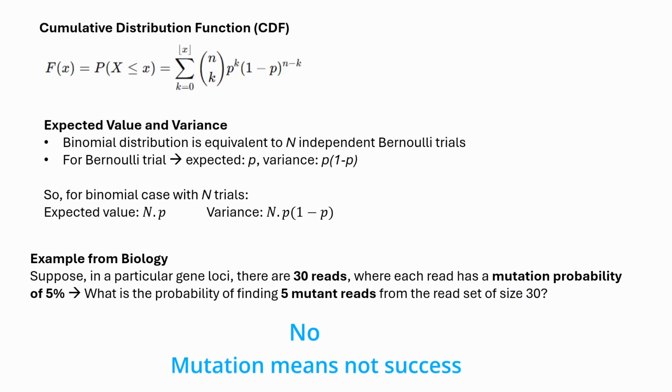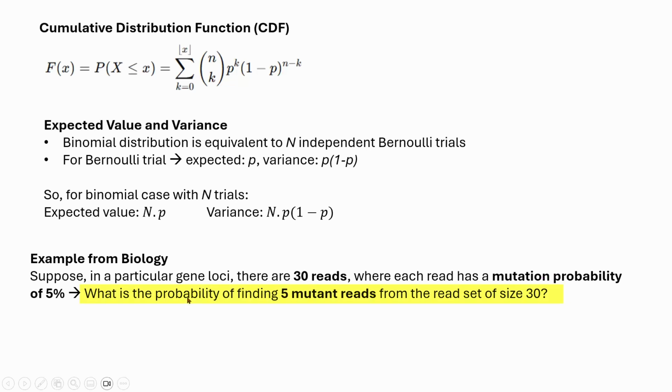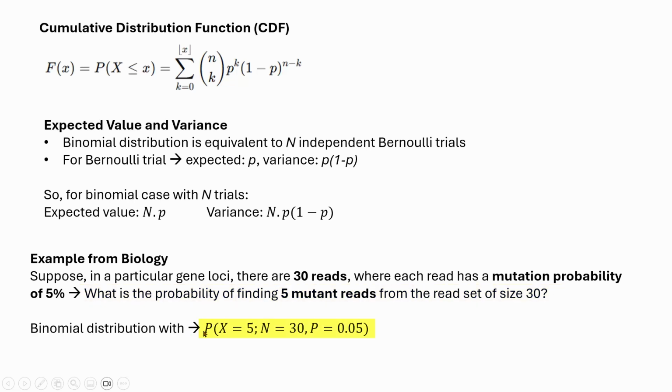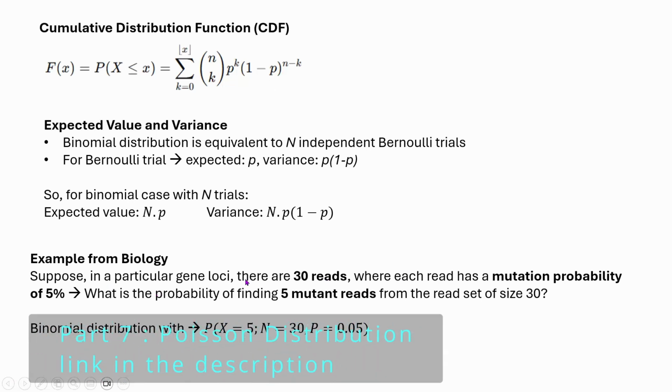Now obviously mutation is not success, but you can imagine that mutation is equivalent to success and not having mutation is equivalent to failure. So what is the probability of finding 5 mutant reads from this set of 30 reads? If you simply get the PMF of probability of X equal to 5, 5 successes, n equal to 30, 30 trials, and p equal to 0.05, success probability of 0.05, then you are going to simply get the probability of this occasion. That is all about the binomial distribution.